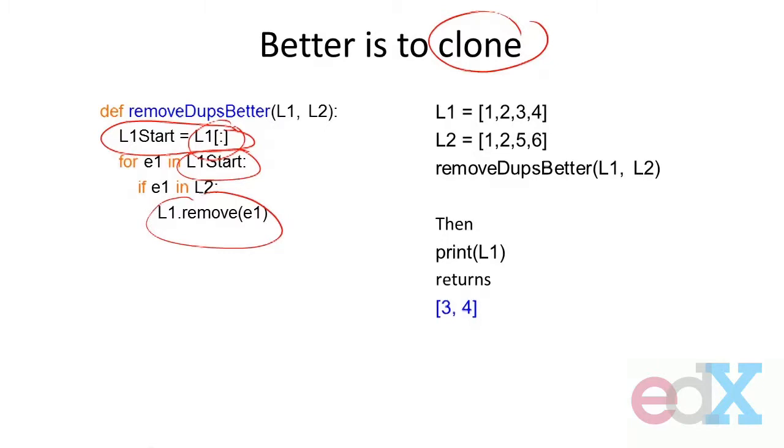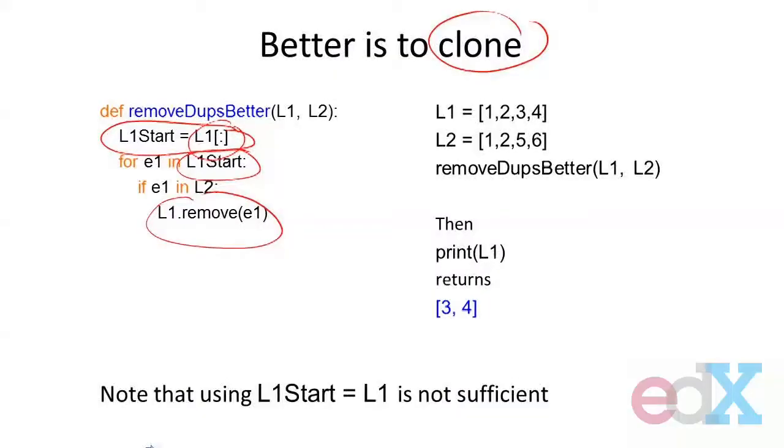If I do that, which was the second piece of code I had there, it will print out just 3, 4. It removes the 1 and 2 from L1, because those are duplicates, but it does it without getting confused about where it is inside of the list. So what this says is that we want to use a copy of L1 as L1 start. And notice, by the way, I actually have to make a copy.